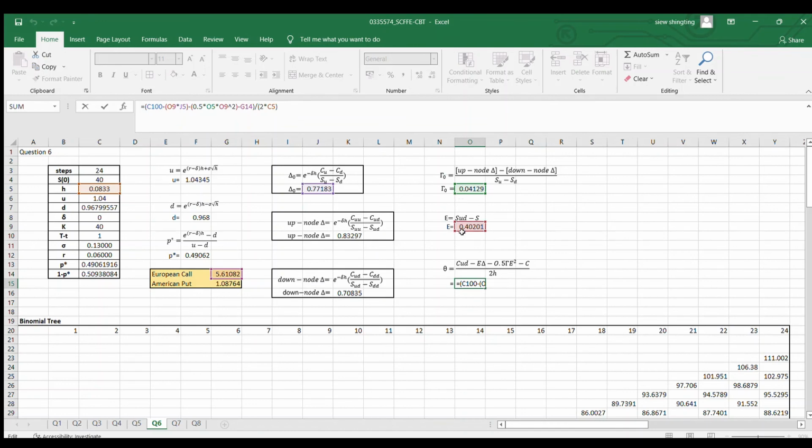So it's 0.40 square minus C. C is from G14, the European call, divided by 2 times C5, so it's 2 times H. So we get the data is negative 2.1102.